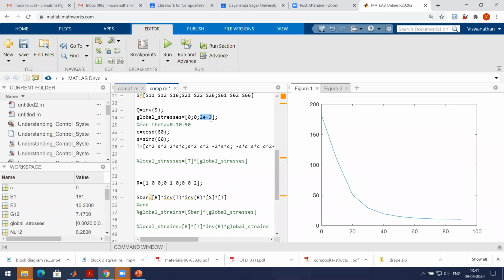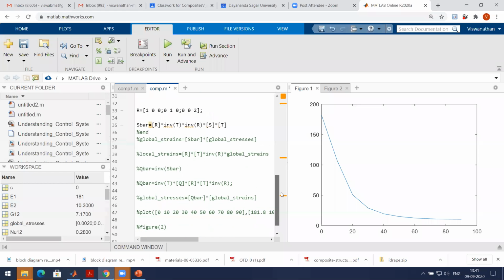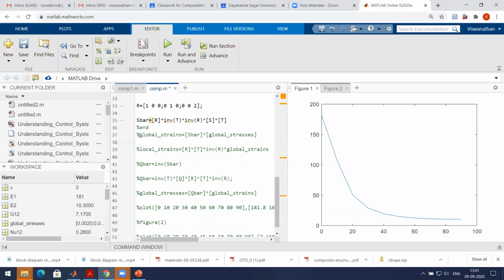Some, this is how much is this? 2 into 10 power minus 3 GPa. So everything is in GPa, so I put this in GPa, 2 into 10 power minus 3. So what I'll find out is the global strains for this. I'll get the global strains.